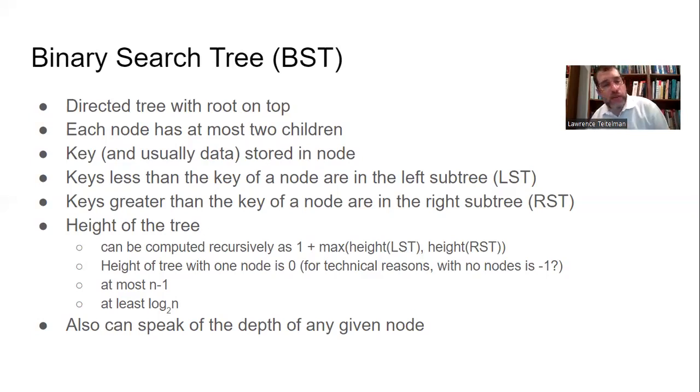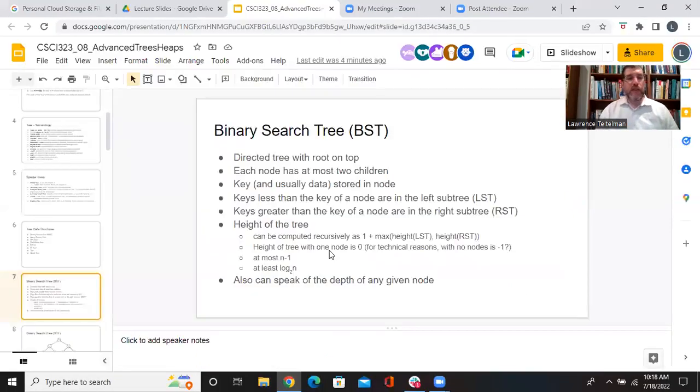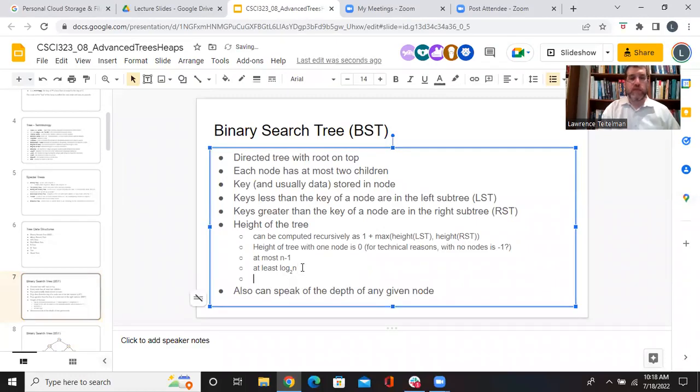What about the average? Maybe I should add that here, but I didn't say it before. So you probably know that. What is the average? The good news is, on average, we also get log 2 of n.